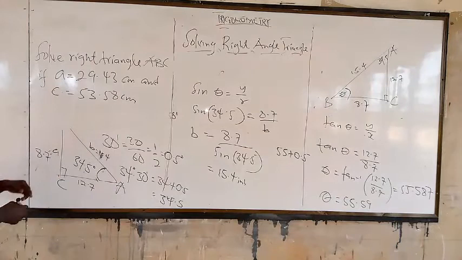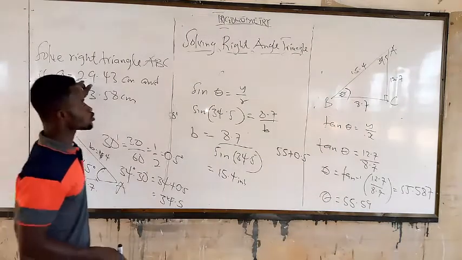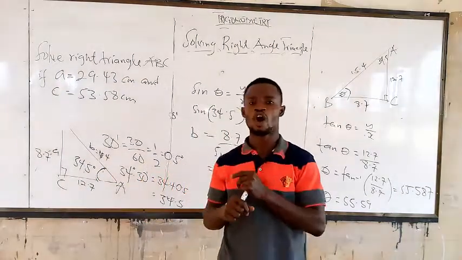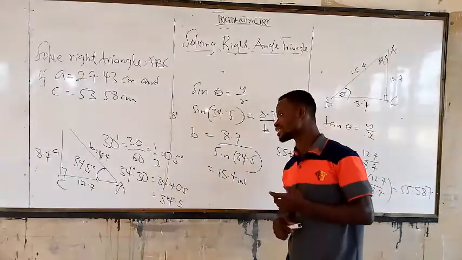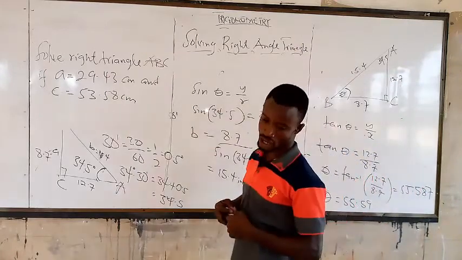So you have two sides here. You are going to use these two sides. One, you look for the two angles. Secondly, you look for the other side left.